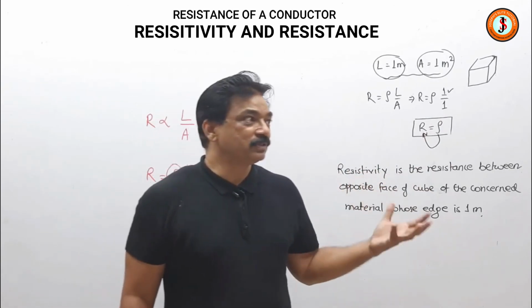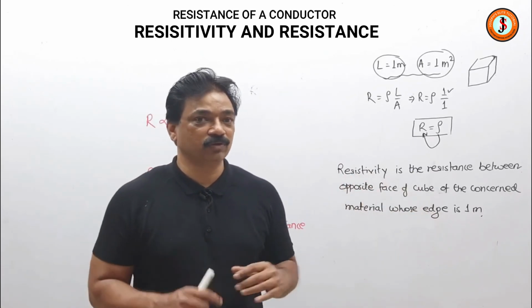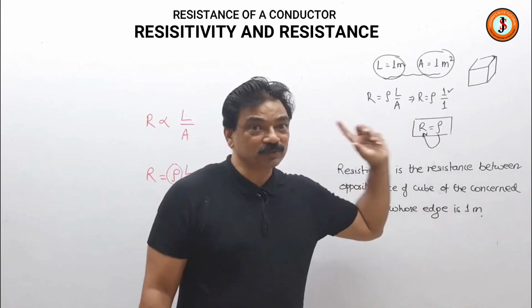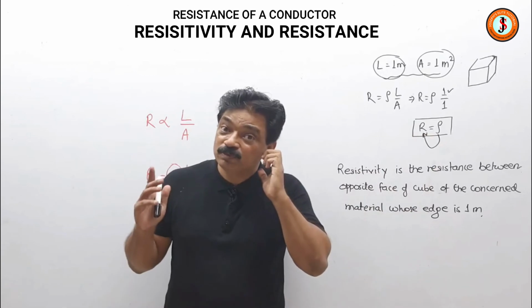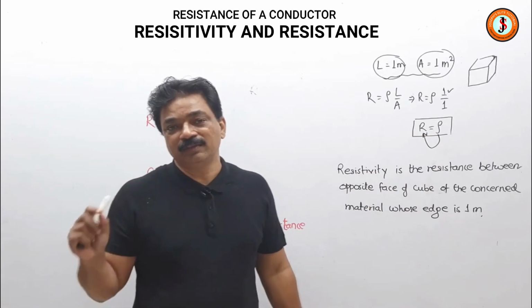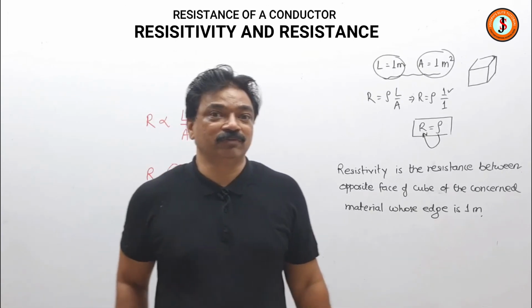And remember, resistivity is constant, because now we have specified the dimension, and the dimension should always be 1 meter length, 1 meter breadth and 1 meter height. Now the clever question will come.